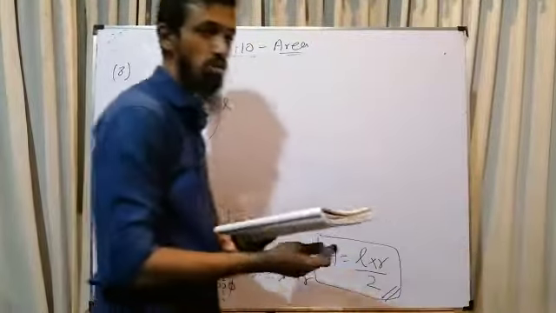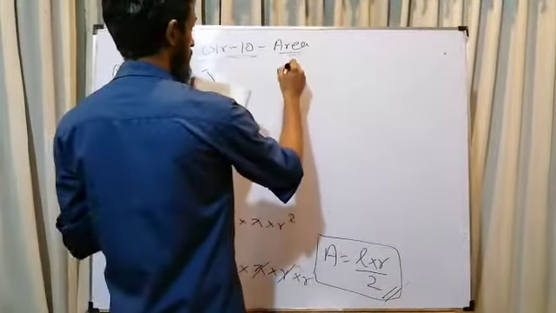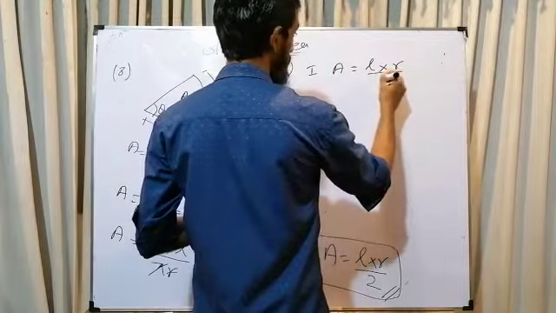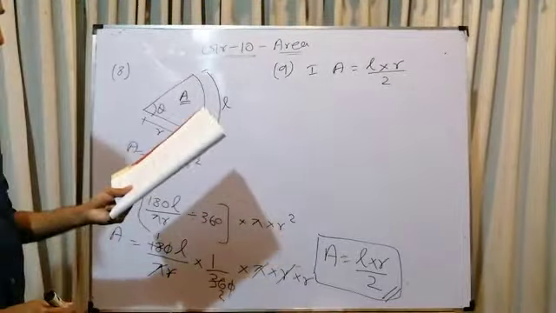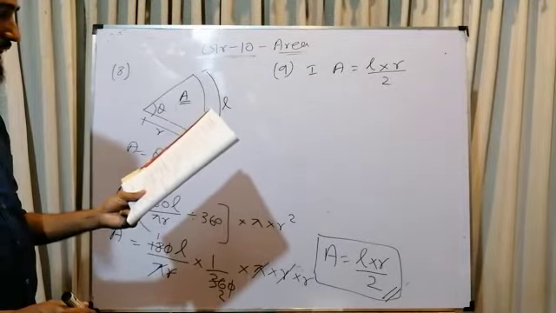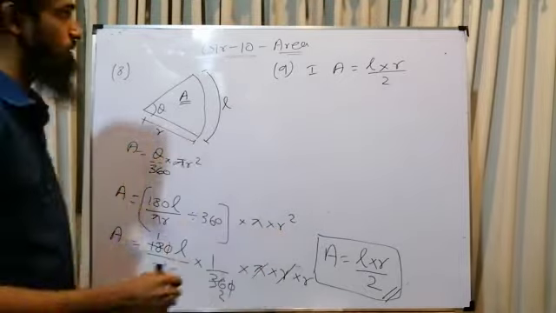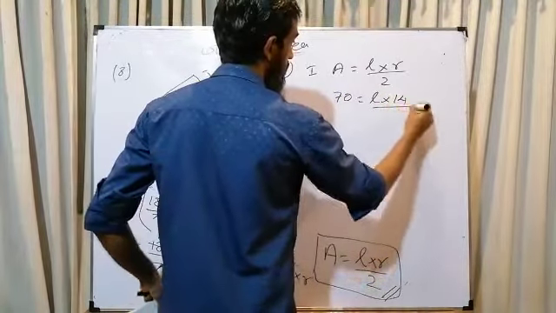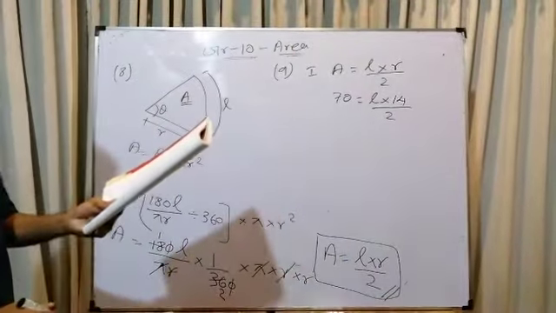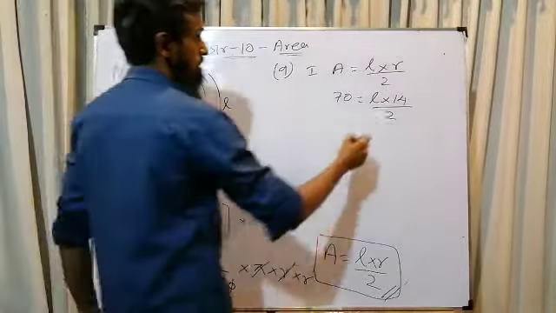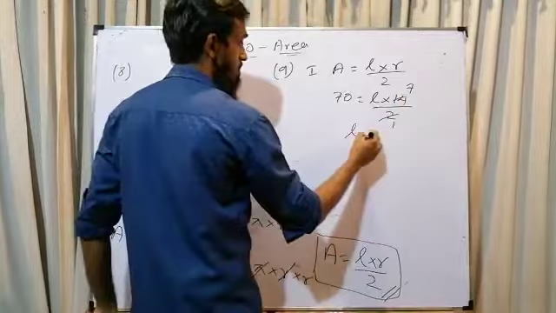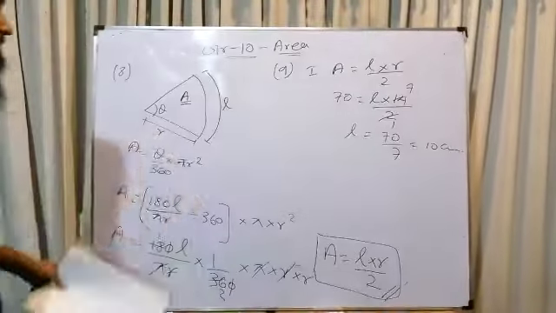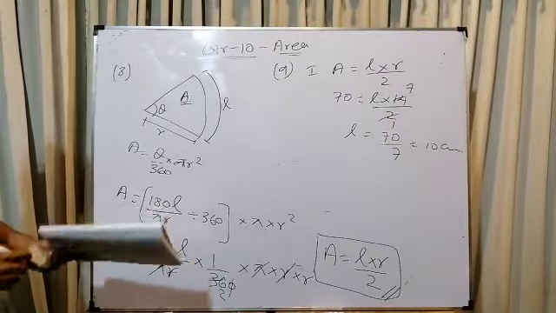Area is 70, radius is 14. They asked to find the arc length. So 2 times 1, 2 times 7. So L equals 70 over 7, it's 10 centimeter. So the arc length of the given sector is 10 centimeter.